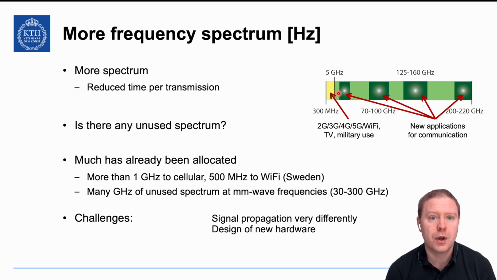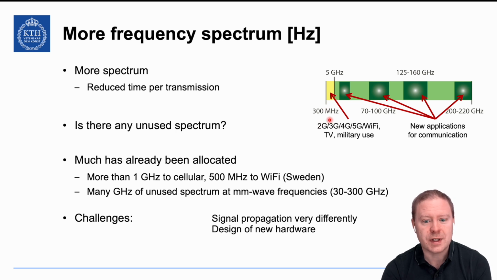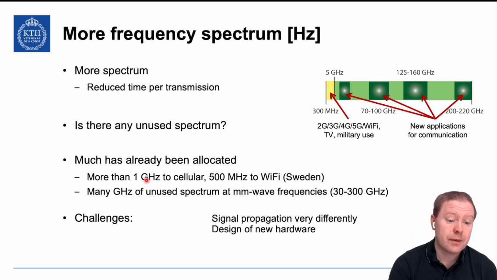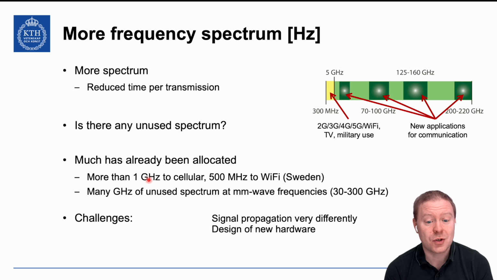And the further up in frequency you go, the shorter the range becomes, particularly in non-line-of-sight scenarios. And in that interval, we already have 2G, 3G, 4G, 5G, Wi-Fi, TV broadcasting to some extent, and military use cases, for example. So, in Sweden, for example, we have 1 gigahertz of spectrum already for cellular or mobile networks, and 500 megahertz for Wi-Fi.